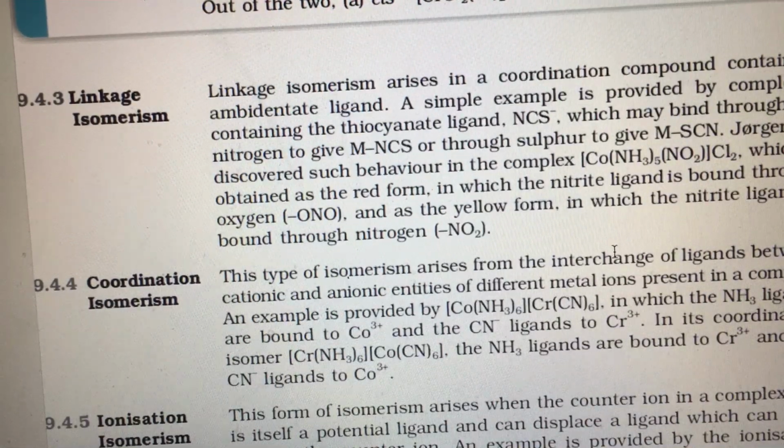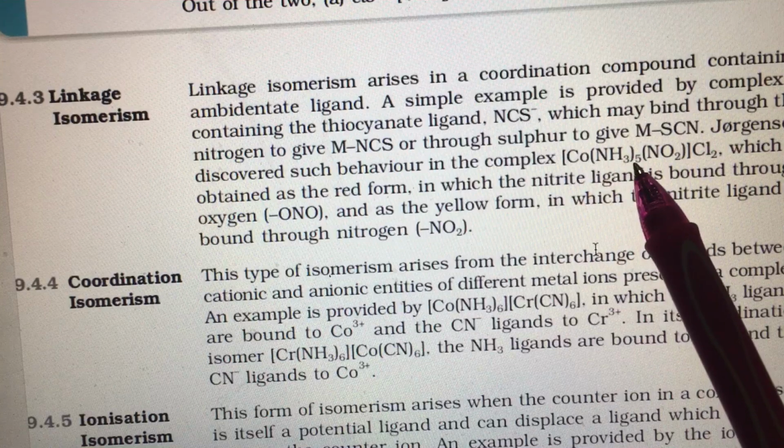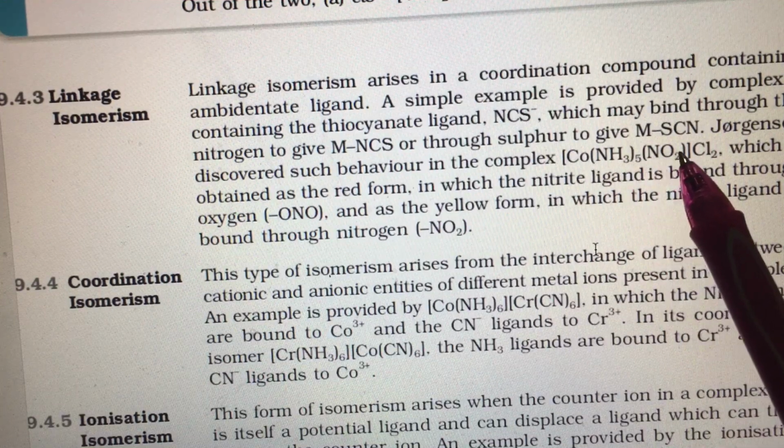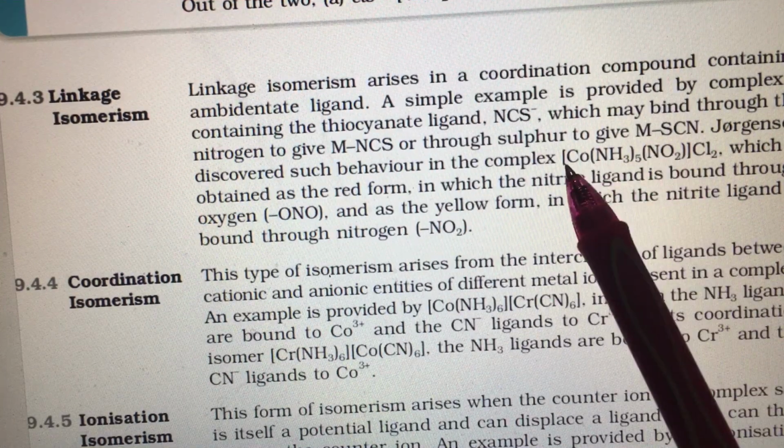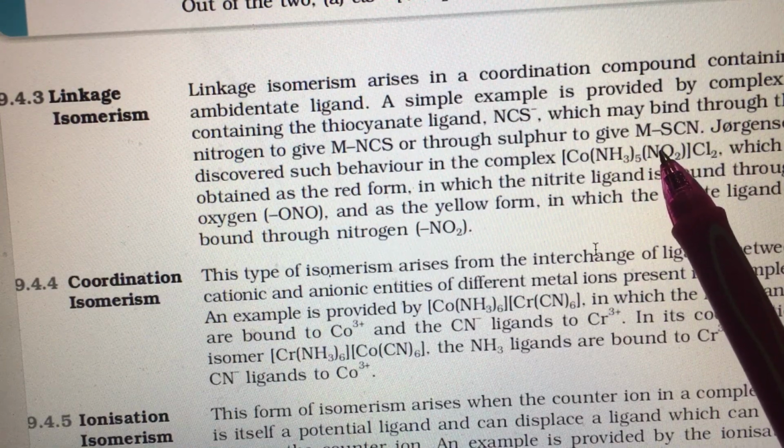set of different compounds. For example, Jorgensen has pointed out that this compound, pentamine nitrato O cobalt 3 chloride, when O is linked, has red color.